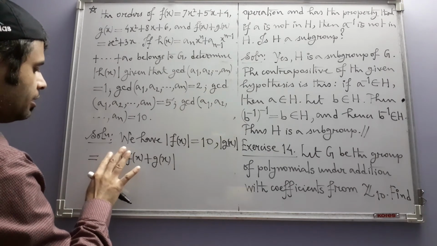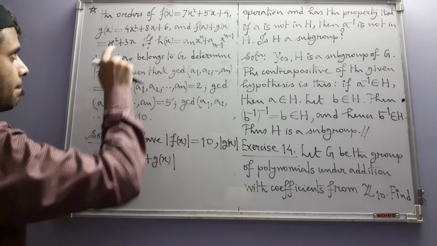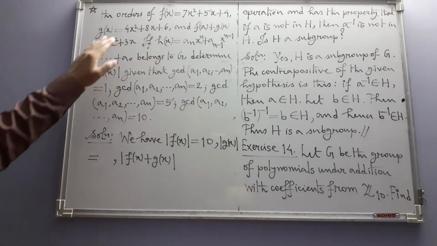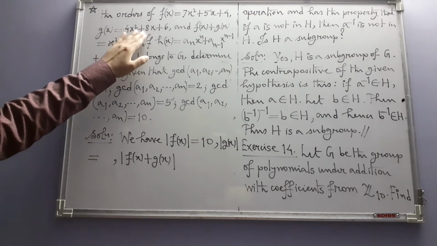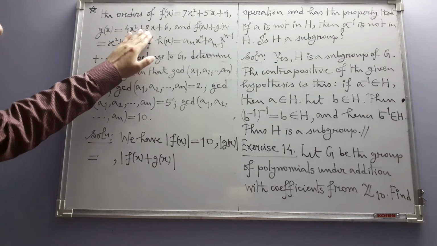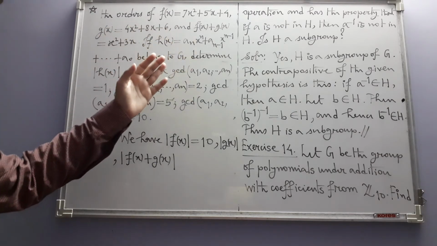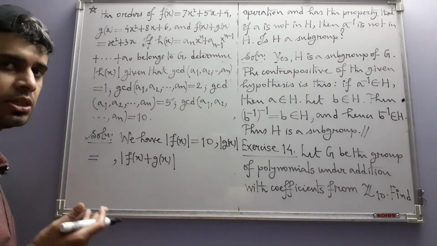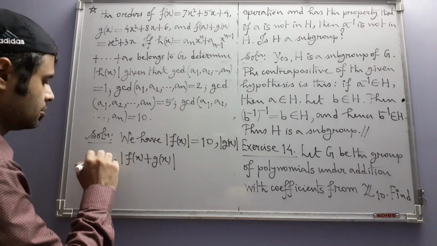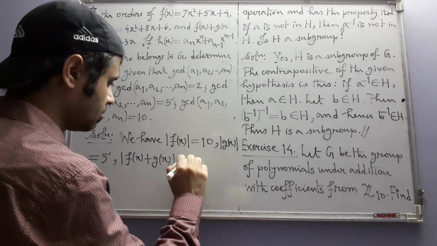This will not be 10. 5 is enough, because 5 times 4 is 20, 5 times 8 is 40, 5 times 6 is 30, and modulo 10 all of them are 0, and 5 is the smallest positive integer for which this happens. So this is 5. This will be equal to 10 again.